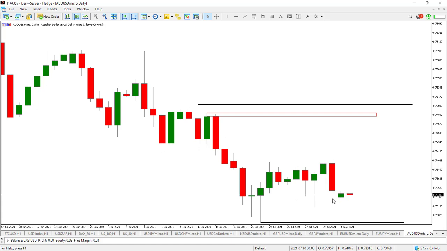Now the market has not tested that candle, as much as I will be looking for them to at least test the 50% of this.